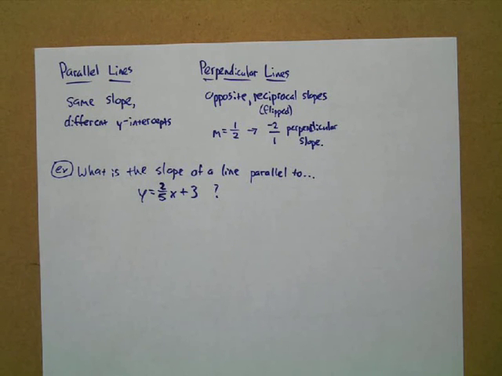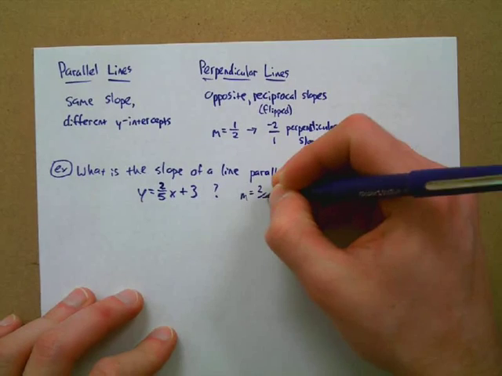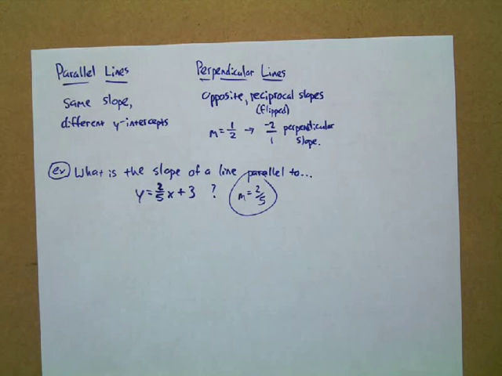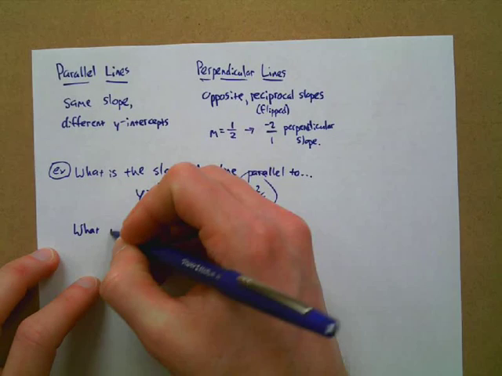Okay, what about, let me just switch it up here. What is the slope of a line perpendicular to this? It's going to take me longer to write this question than for you guys to solve it. Okay, so sit there and think about that just for a second.